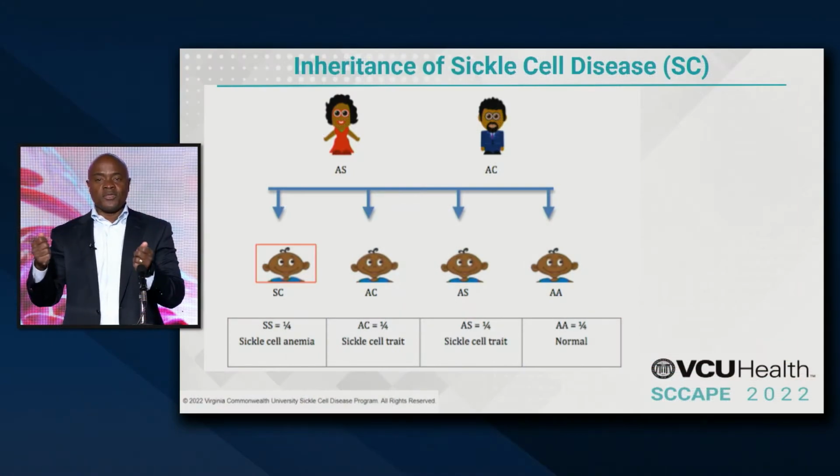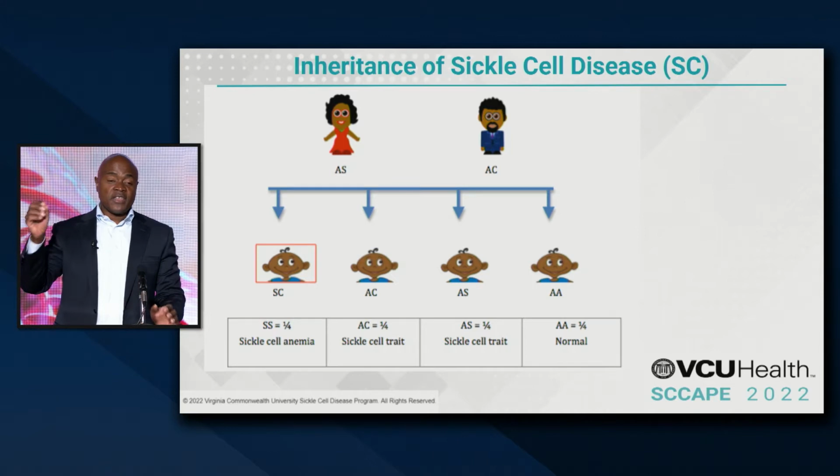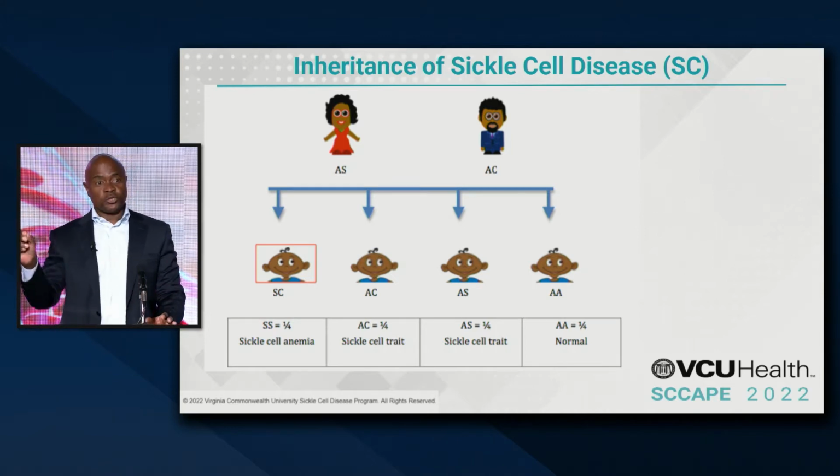So this now is the way, if I were to have hemoglobin SC, so that's the kind of sickle cell disease I have, this is the way the pattern would work, where you would have one parent who has the sickle trait, you would have the other parent that has the C trait, and then they have children, and you can see the risk.